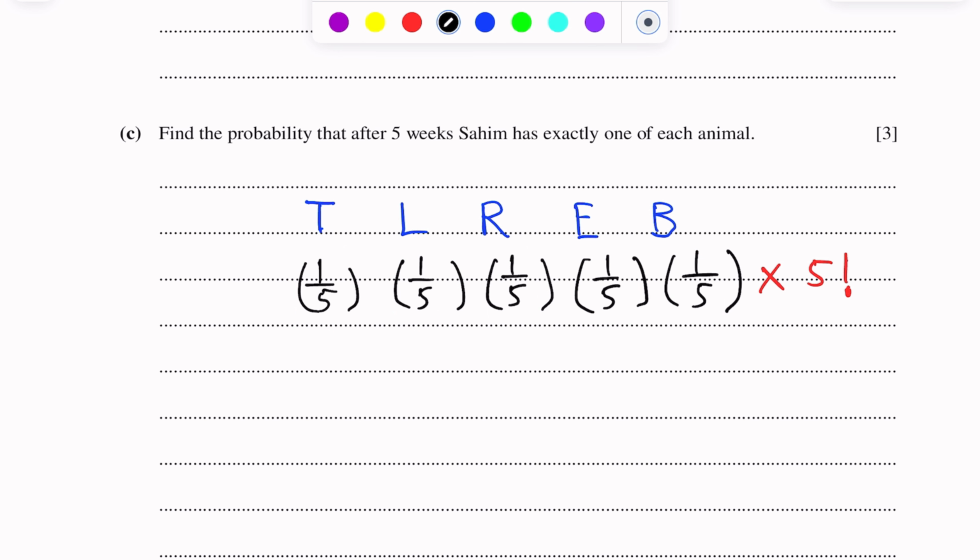So we can write it in power form: 1 over 5 is 0.2, power 5, multiplied by 5 factorial.